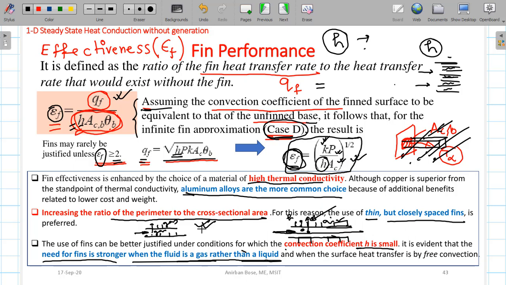So fins may be there outside the tube as well as inside the tubes, for this kind of situation when heat is transferring from a gas to gas. Okay, so these are the ideas. Just try to understand where from we are concluding all these things. From the expression of the effectiveness, we can justify the fins, its material, its geometry, or its application.